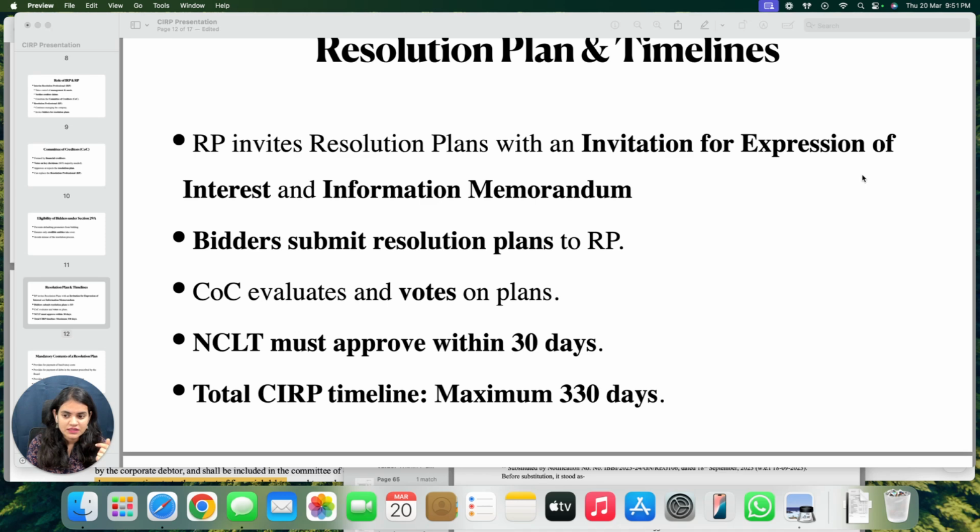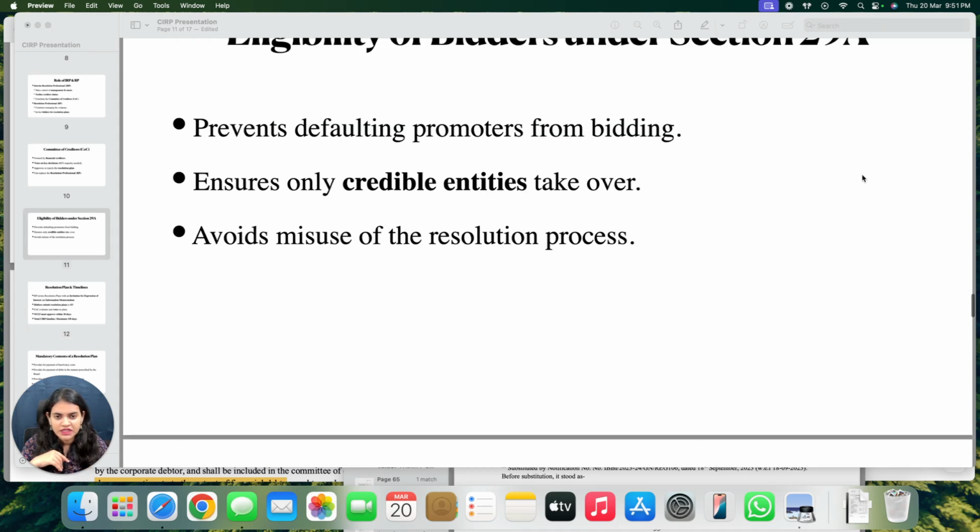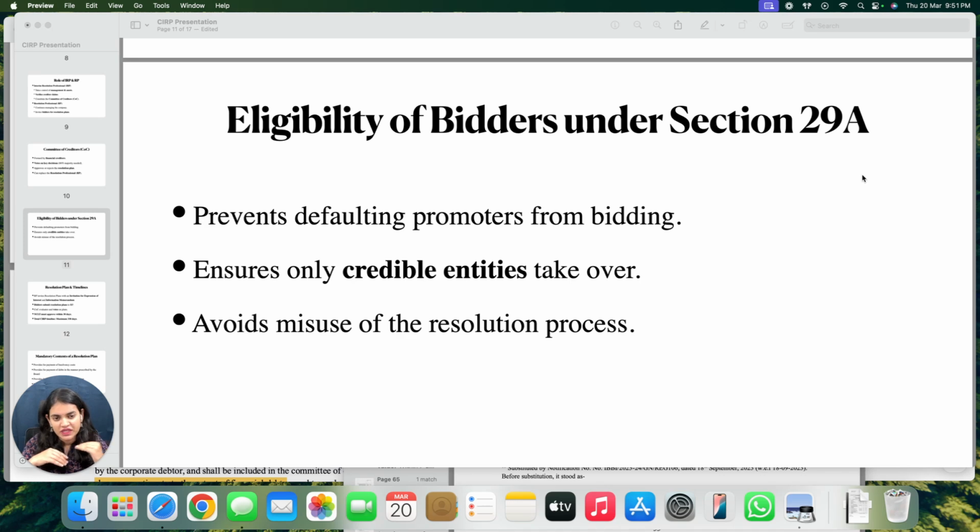So once the resolution professional invites expression of interest, they can expect prospective resolution applicants. So these prospective resolution applicants must meet the eligibility criteria under Section 29A. Section 29A essentially talks about the ineligibility of bidders, actually.